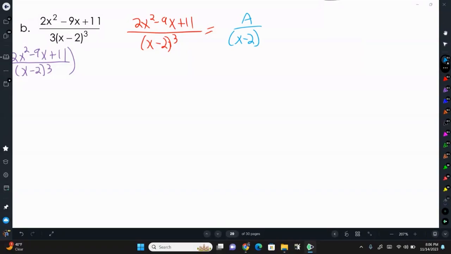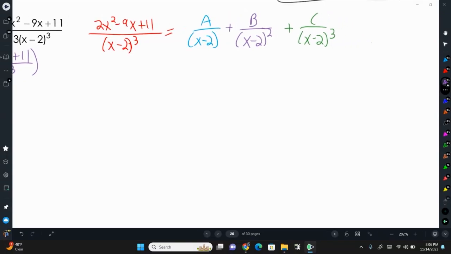And like I was saying earlier, we have to have a fraction for each power of the denominator. So we're going to have to go all the way up to C in order to get x minus 2 to the third power.